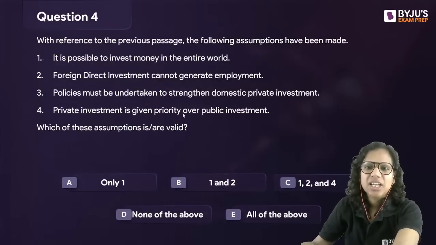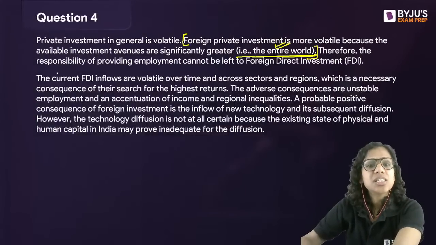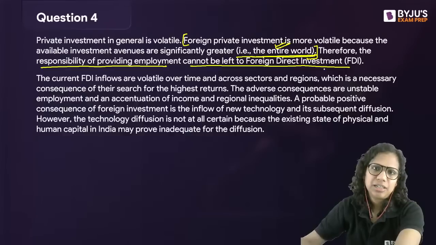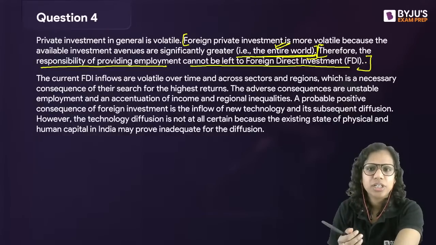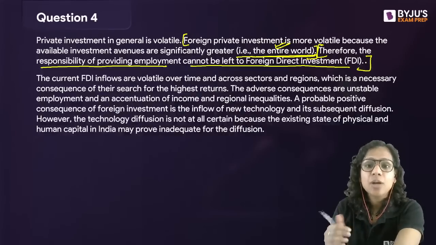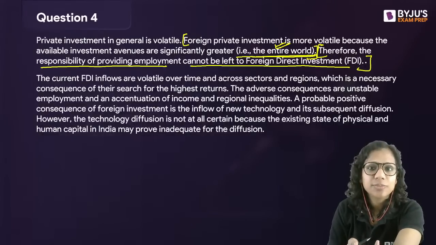See this. What did my passage say? My passage said that the responsibility of providing employment cannot be left to foreign direct investment. We cannot leave that responsibility on it. It's not that it cannot generate employment. It probably can, but it is not stable. The employment that it generates is not going to be long term.